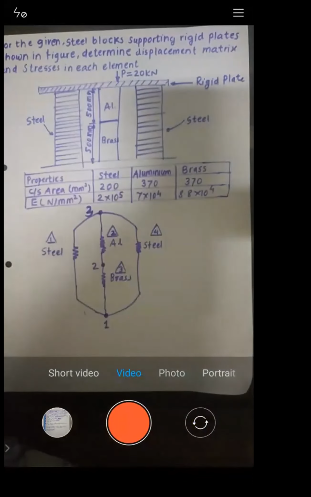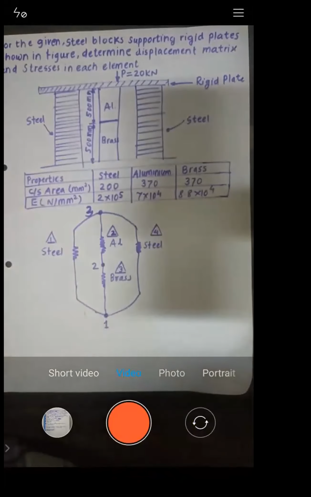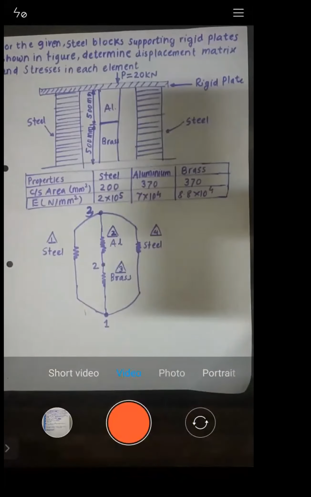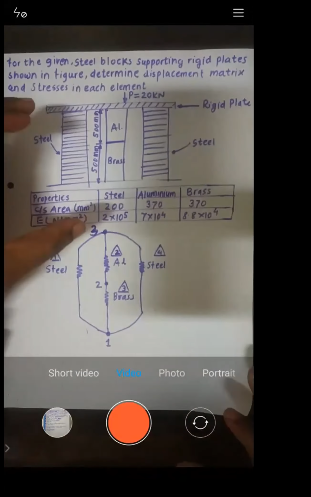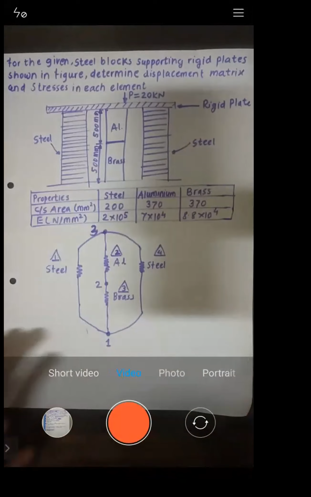Is it okay? So how many elements do you have? You have 4 elements and you have 3 nodes, right? Have you understood? This is basically the physical diagram. This is a physical setup which we have converted into an electrical circuit network, right?